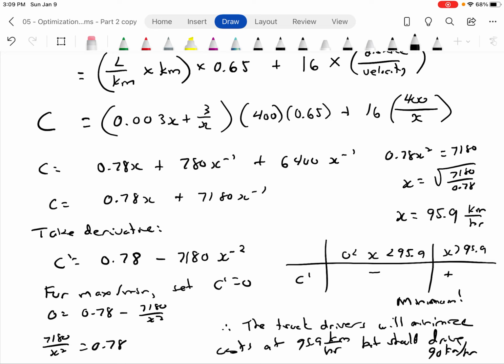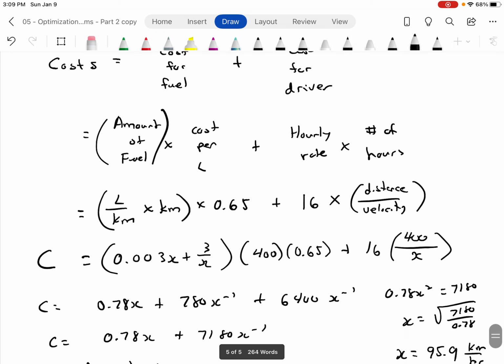We might have got an answer of 85 kilometers an hour, in which case, even though the speed limit's 90, we'd still tell them to drive 85 to save us money. Or maybe we wouldn't. We'd say maybe we'll tell them to drive 90 and keep traffic moving. I'm not sure. That's the real world version of this problem, and that's something the business owner would have to decide. As the math person here, you'd say, well, 95.9 is the best, and then you can choose from there.